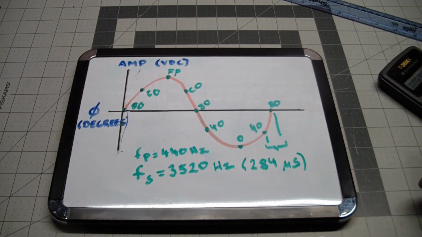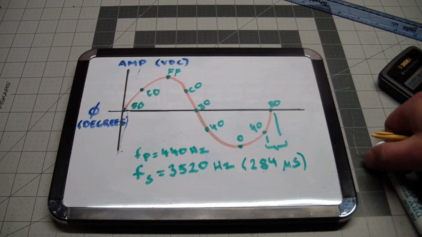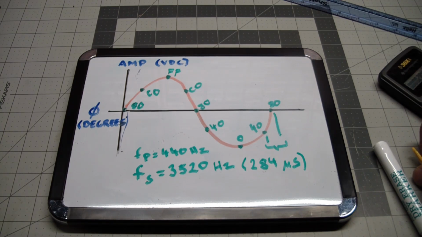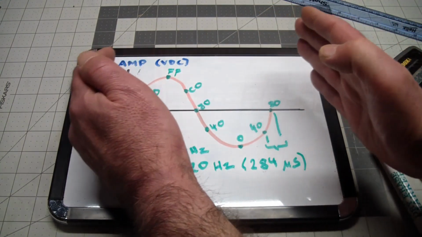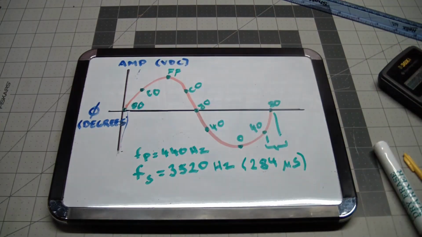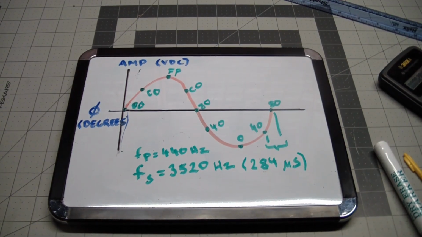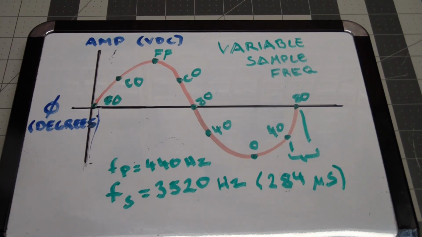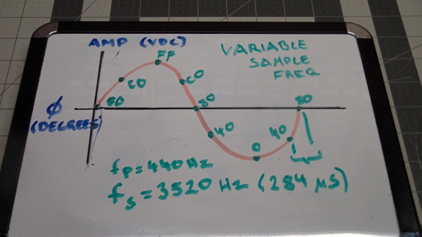If we decrease the sample frequency, then basically this gets stretched and we get a lower pitch. So what I just described is one of two ways to change the pitch of digitally generated oscillators, and it's called, surprise surprise, a variable sample frequency.